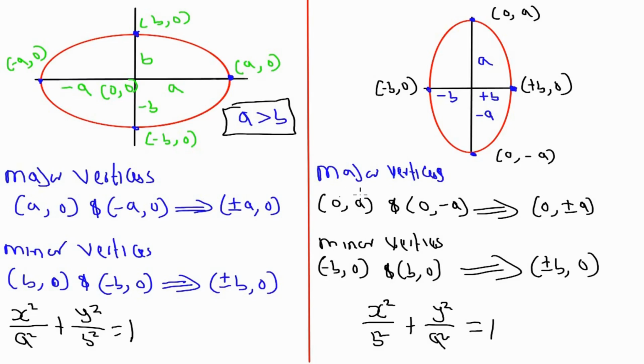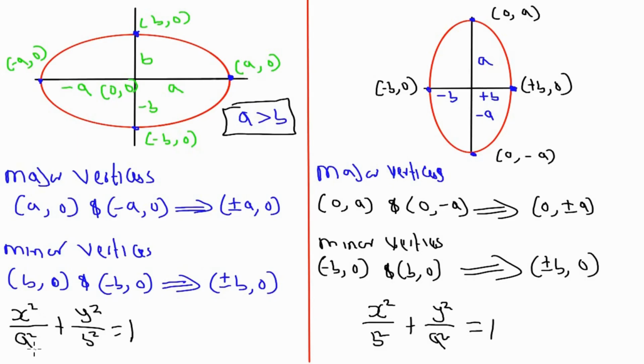But if the value of a, the largest value for the major vertices, is along the y-axis, then it means you have an ellipse with a vertical orientation. So that's one: you can use your vertices to identify what type of ellipse you have.